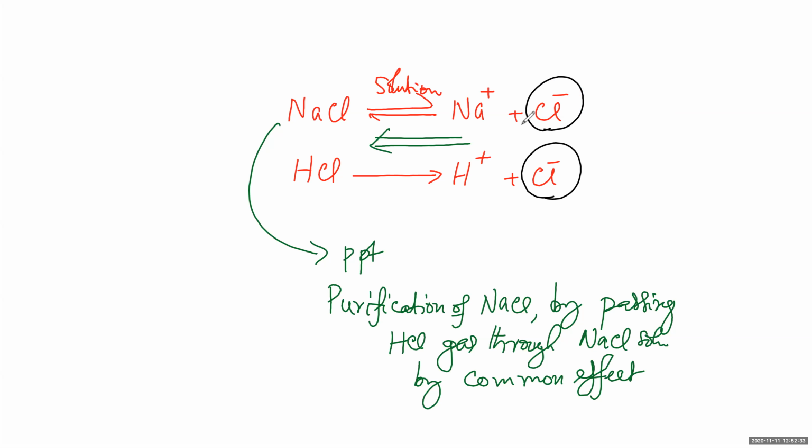Similarly, salting out of soap. Soap is the sodium or potassium salt of a fatty acid. If you add sodium chloride into soap solution, soap will be precipitated. That is because here sodium chloride is a stronger electrolyte.